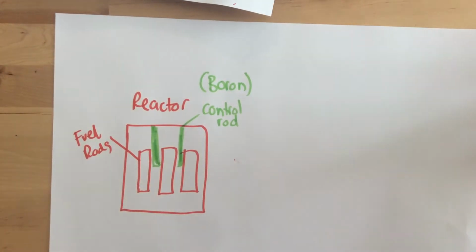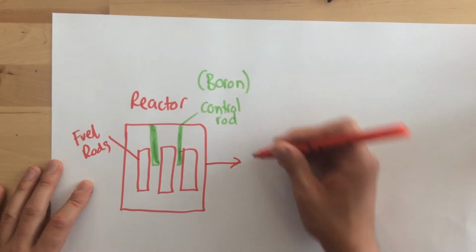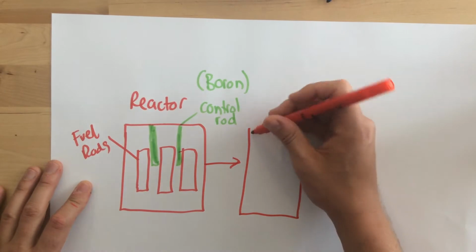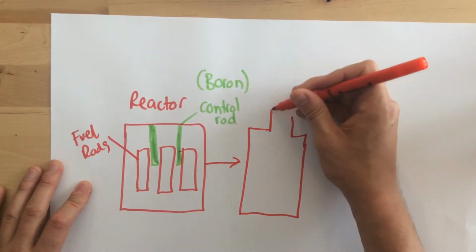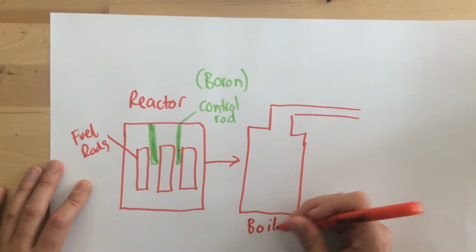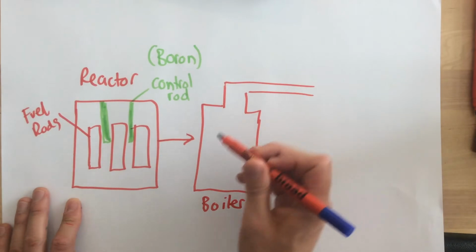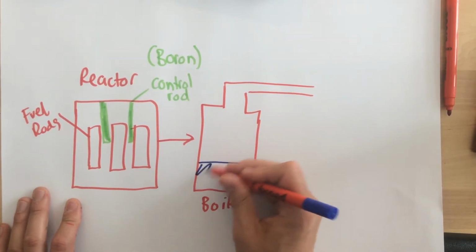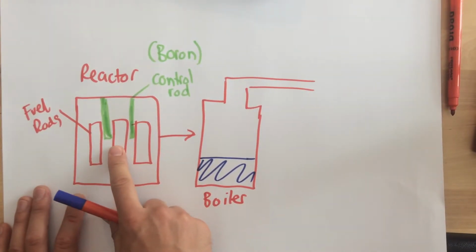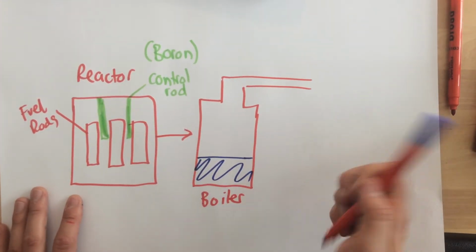So we also have, next to our reactor, a boiler. Okay? Now, the whole purpose of the boiler is to take all of this heat energy from the reactor in order to evaporate water.